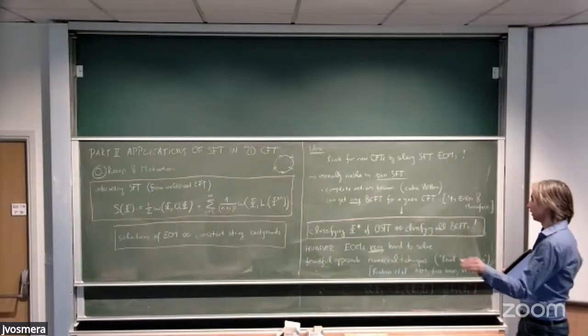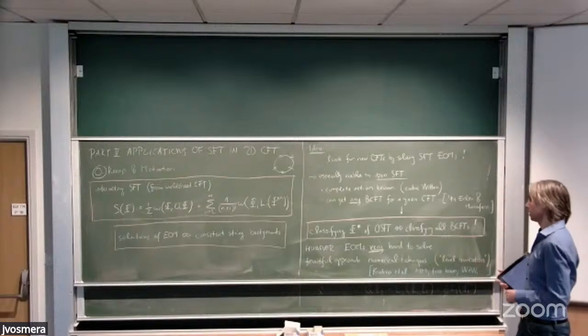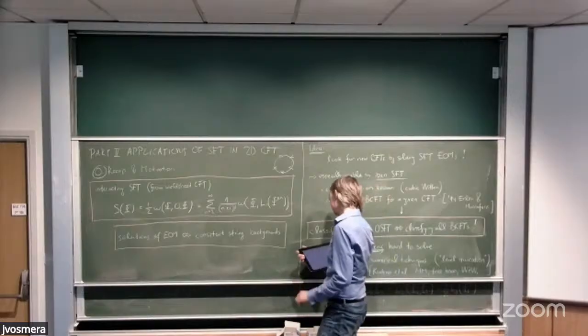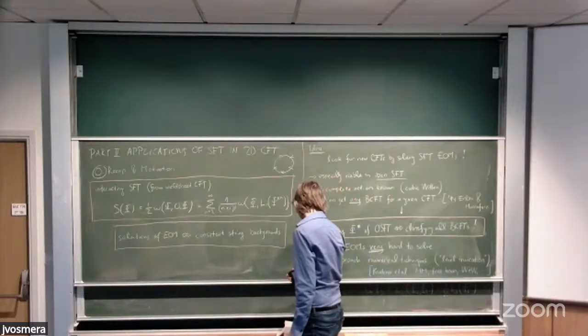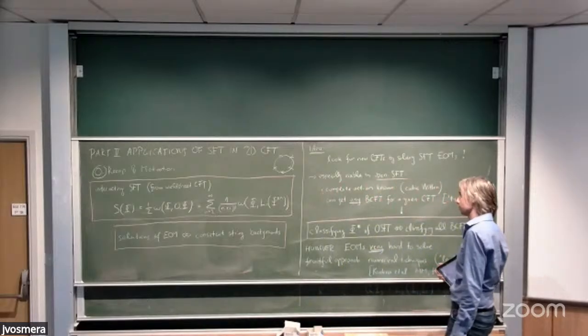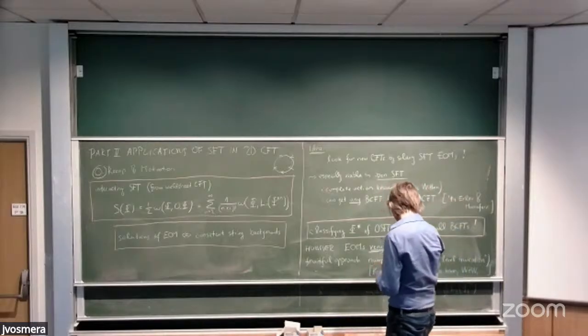So consistent string backgrounds do not generally equal worldsheet CFTs, right? There are known examples of consistent string backgrounds which are not thought to be associated with worldsheet CFTs, like NS5 branes, AdS5 cross S5, Ramond-Ramond flux or whatever, right?